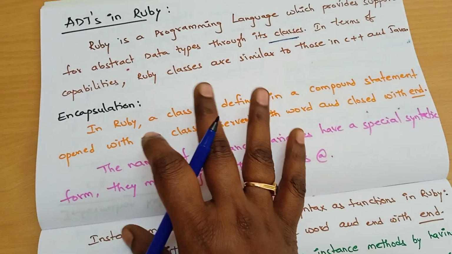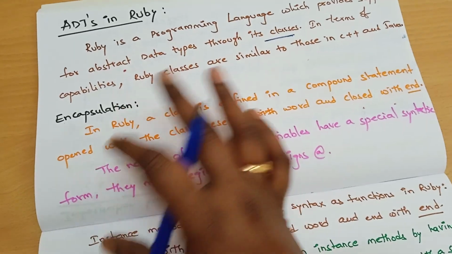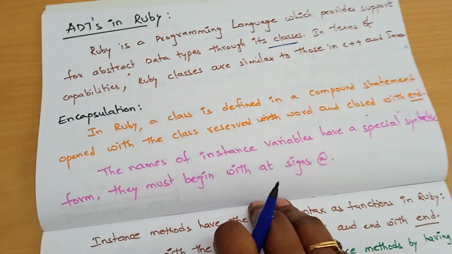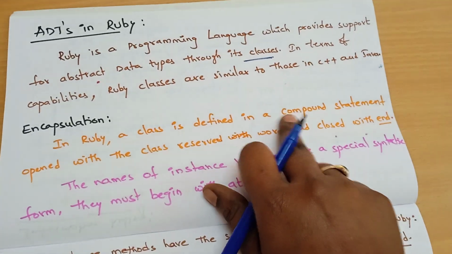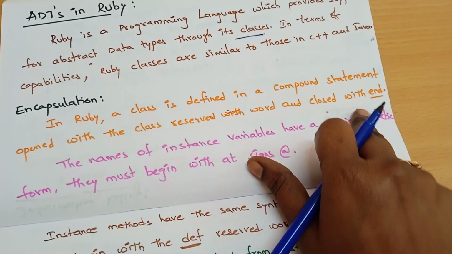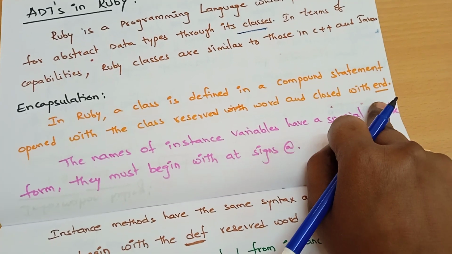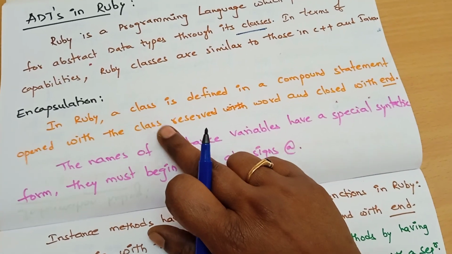Basically, Ruby uses assemblies to wrap the data, or to combine the different classes together and keep them in the program. In Ruby, a class is defined in a compound statement opened with the class reserved word and closed with the end. So we'll open with the reserved word class.